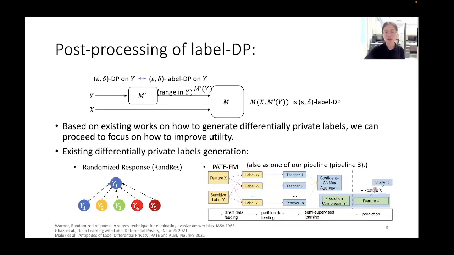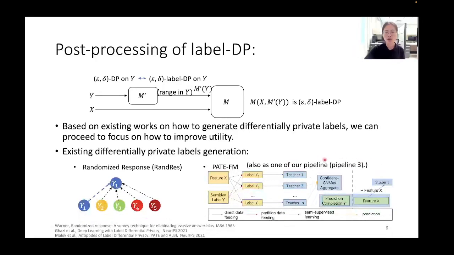As label DP allows the feature to be public, PATE-FM will use the same public feature to query the teacher model and train the student model. Same as PATE, PATE-FM also benefits from the flexible number of queries for the privacy utility trade-off. That is, the fewer queries, the lower epsilon. PATE-FM is used as one of our pipelines, which is pipeline 3. I will introduce pipelines 1 and 2 in the next slides.